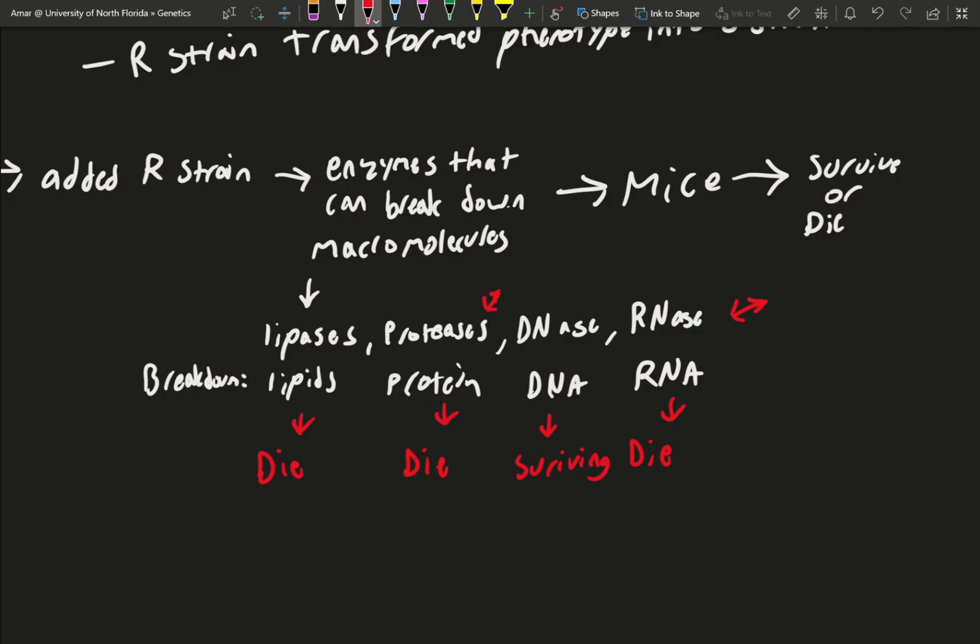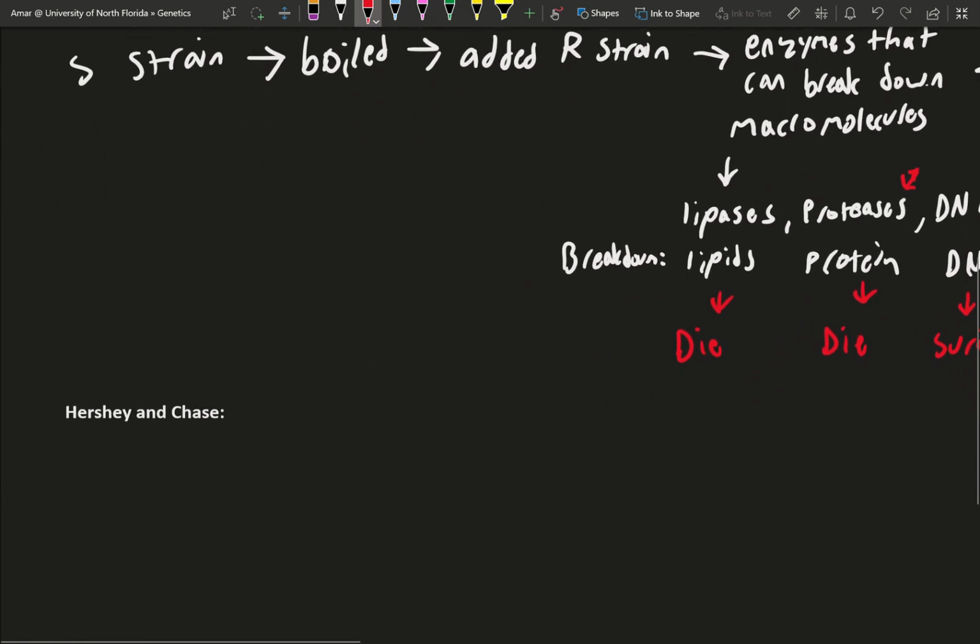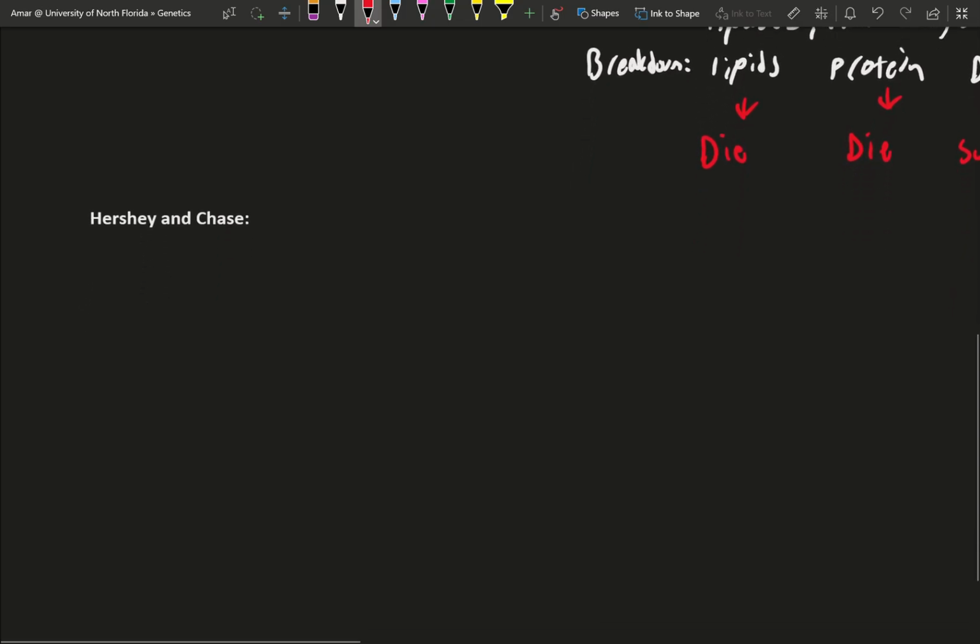Especially with this one, because you're seeing that the mice are surviving, you still have some protein left in that sample, which is DNase, that may be allowing the mice to survive, okay? So basically that's their whole entire rebuttal. And then that caused us to go into Hershey and Chase's experiment.